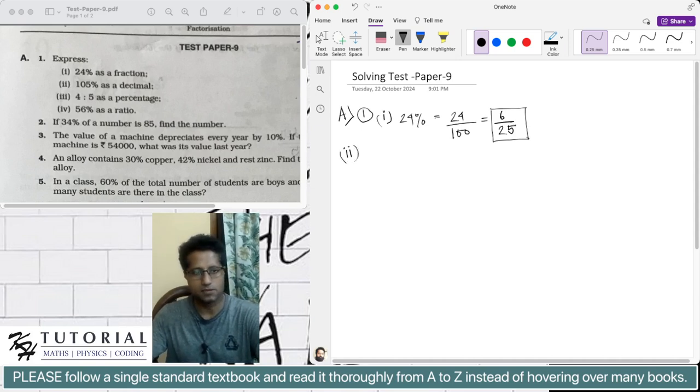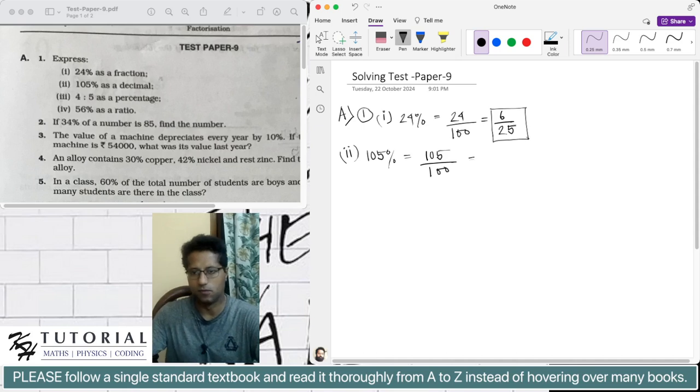Part 2, express 105% as a decimal. To express a percentage as a decimal, we first convert it into a fraction. So 105% means 105 divided by 100. Now we know that any fraction with a denominator that is a power of 10 can be easily expressed as a decimal.